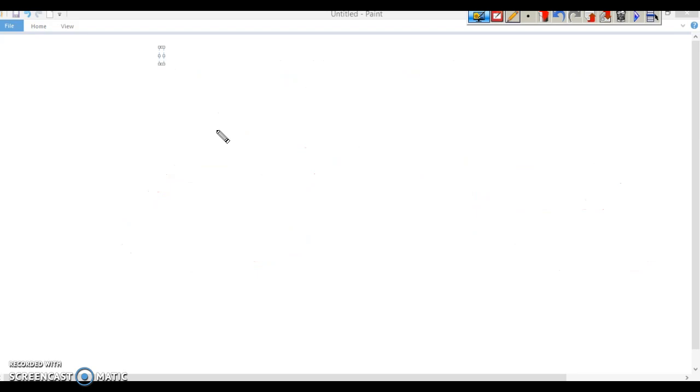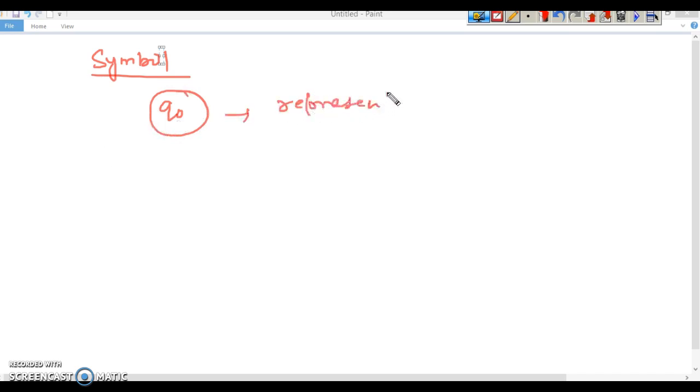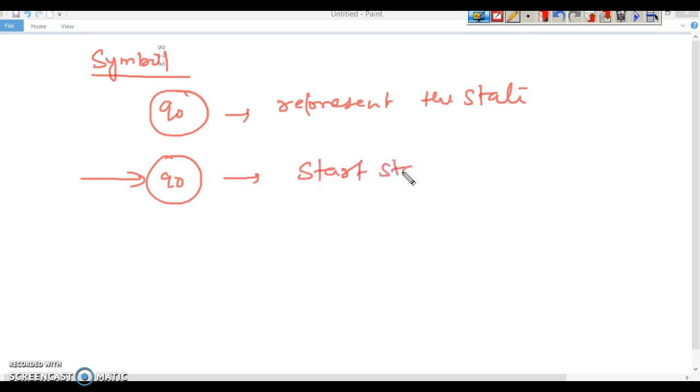After that, you have to use some special symbols. Consider a state Q0 drawn with a circle. A circle is used to represent the state. A circle with an arrow mark is represented as the start state, and Q0 is the name. A double circle represents the final state.